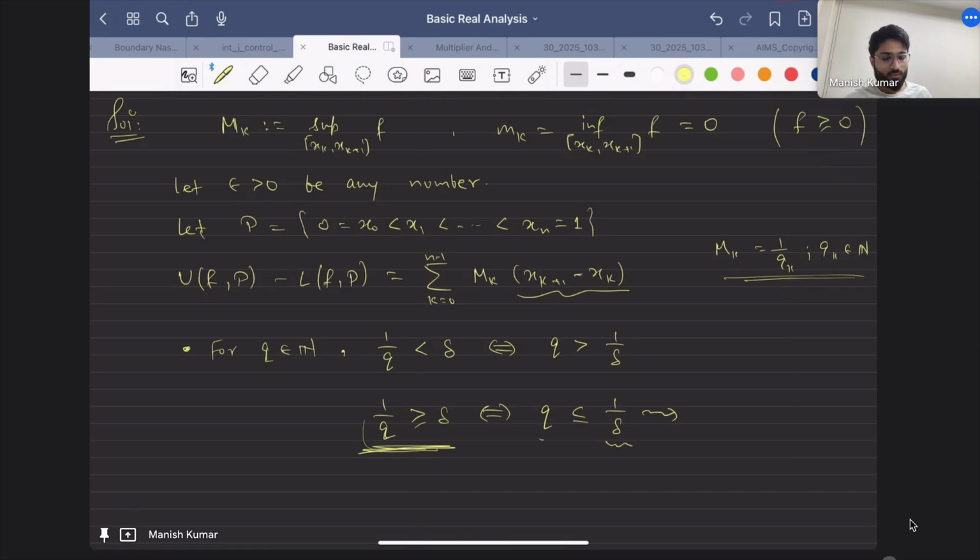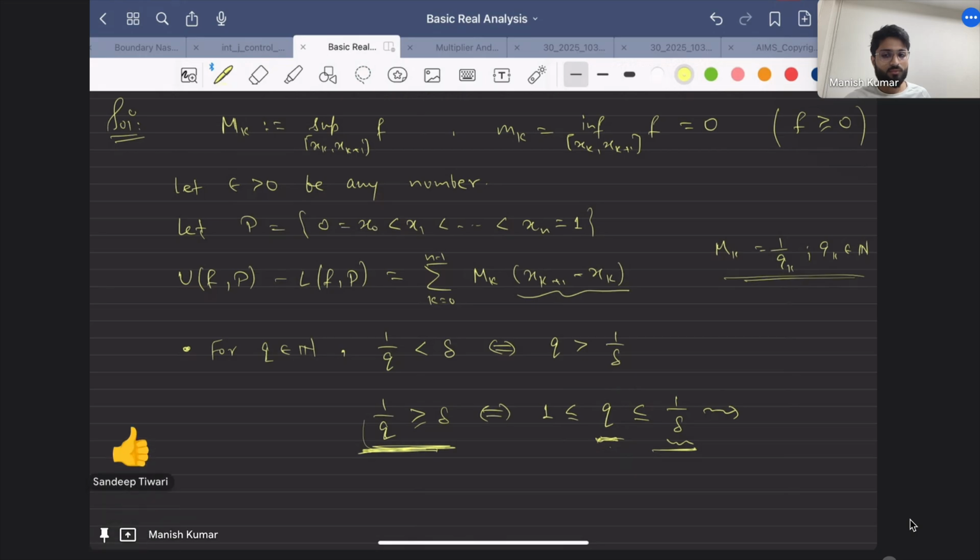That means you get an upper bound for such q, and q is a natural number, so it is always greater than or equal to 1. So this is possible for a finite number of q's.